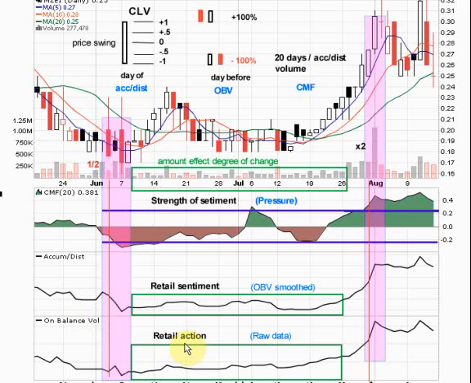As the raw data comes in, or as the smooth data comes in, or as the pressure on the move is evaluated, this is only going to help you determine whether you will have a continuation of a move or whether you will have a reversal of a move. It does not tell you that the move is going to change. It does not tell you that anything is going to happen. It's only a supporting indicator of your overall thesis.